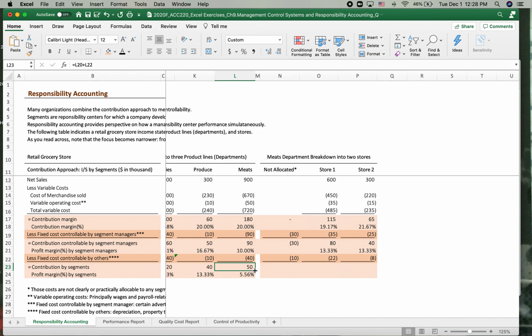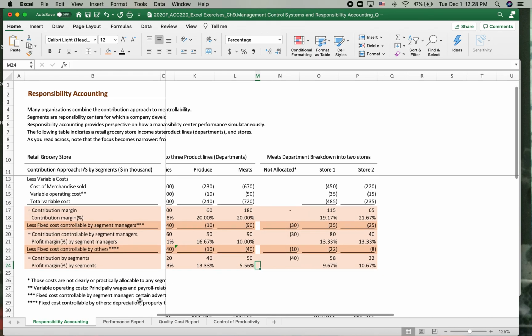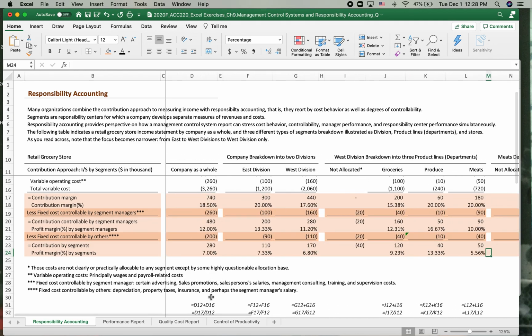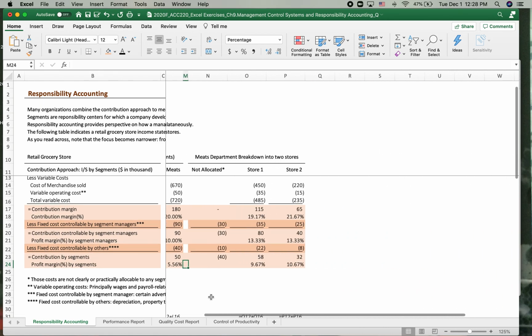And then contribution by segment in terms of profitability as well: store 1 is a little bit lower, but it's not because of the segment managers, but because of the higher fixed cost controlled by others, like depreciation, property taxes, insurance, and some management salaries.